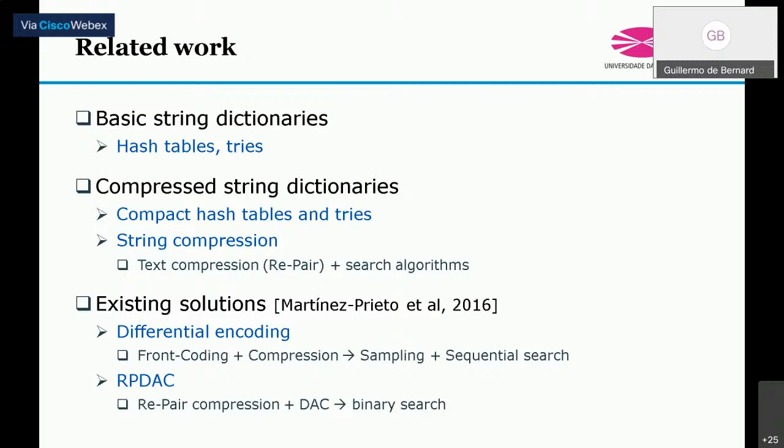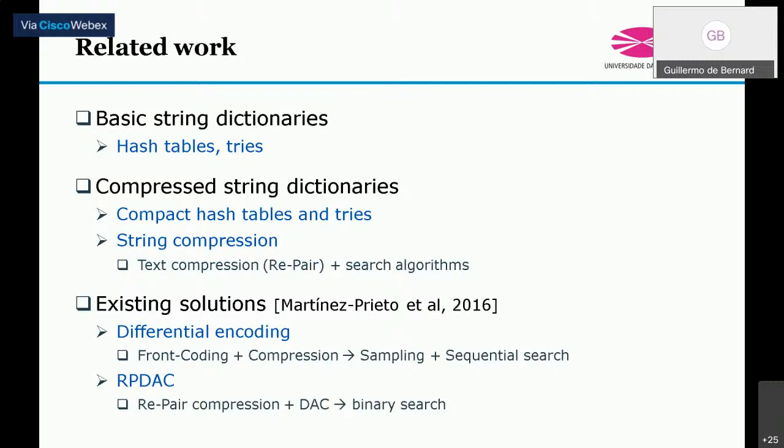Of course, there have been solutions proposed that are based directly on compressed versions of hash tables and tries, usually combined with some ideas mainly coming from text compression, since the strings in web graphs and RDF datasets, since they are URLs and that kind of strings, can usually be exploited to improve compression, taking advantage of regularities in those strings.